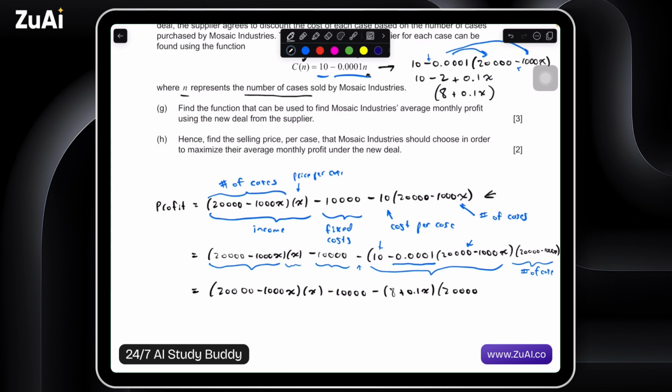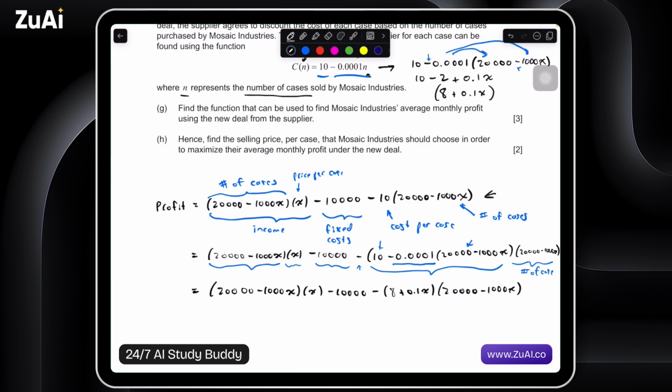And I guess it doesn't look as bad, it still looks pretty bad, but not as intimidating. Okay. Find the function that can be used to find Mosaic's average monthly profit using the new deal. And there it is.